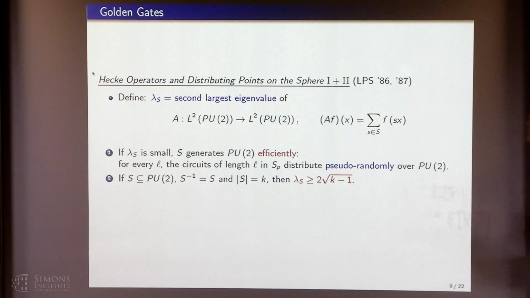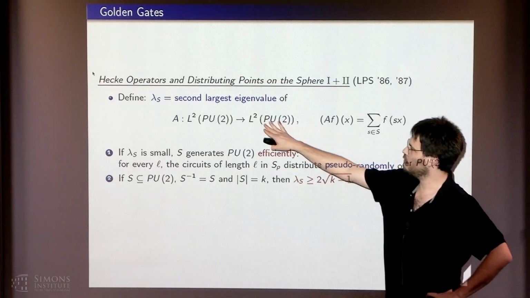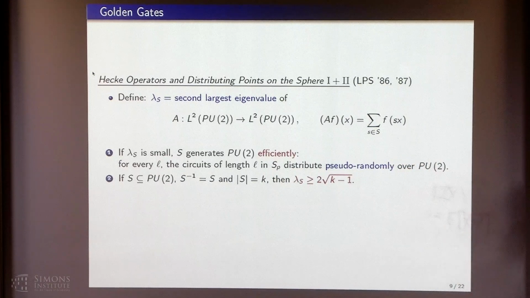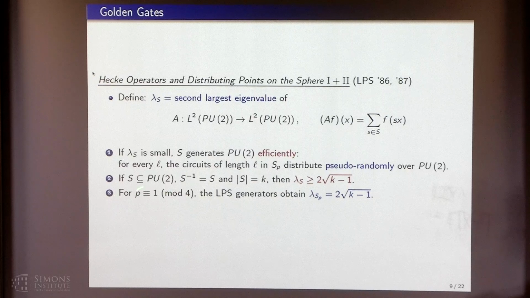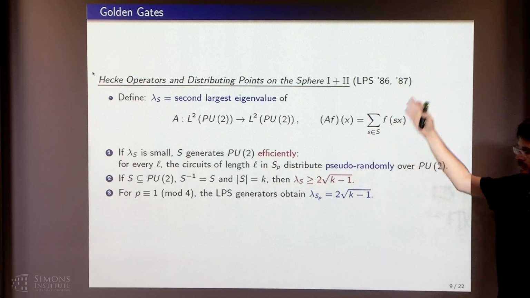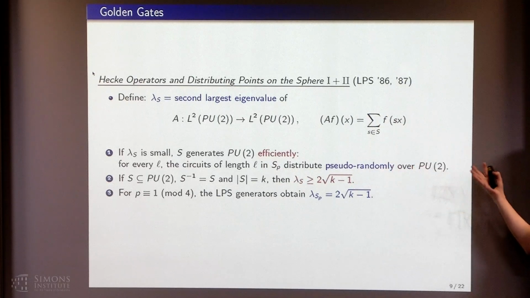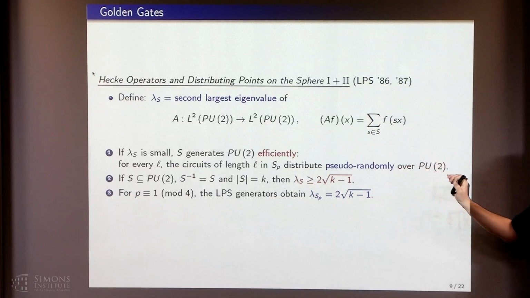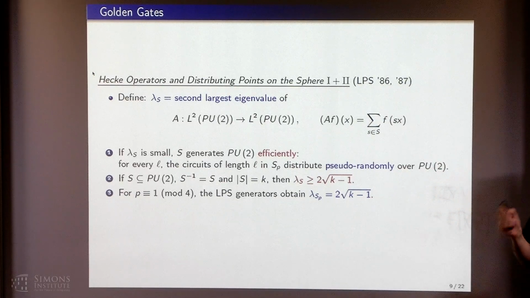Here there's no 'as something goes to infinity', because somehow this L2 of PU2 has already this going to infinity thing. And what they show is that their generators achieve this Ramanujan bound. So this is exactly the bound you get for the k-regular graphs, and this is a k-regular graph, but in topological settings. And they can do it with the same generators. So it looks really, really similar, but the proof is much harder.